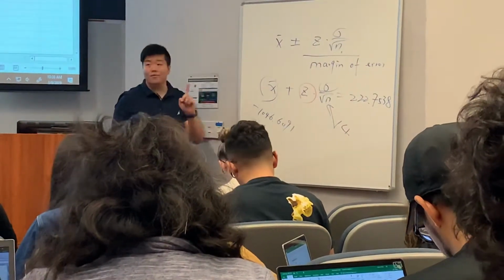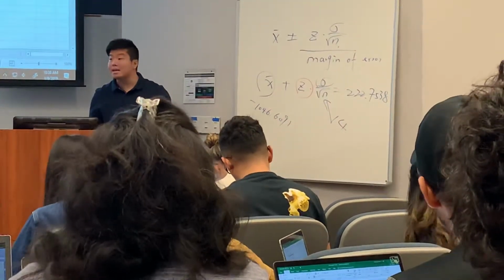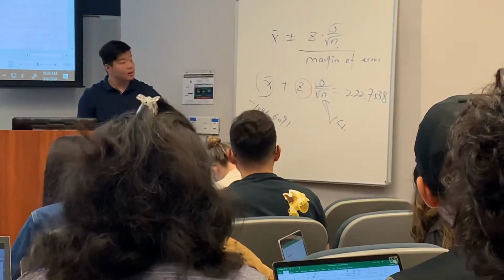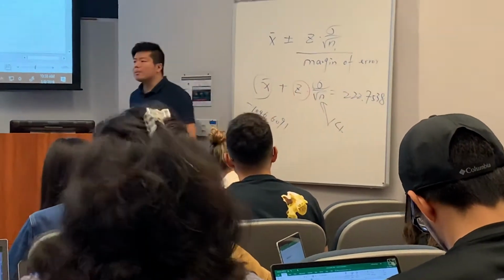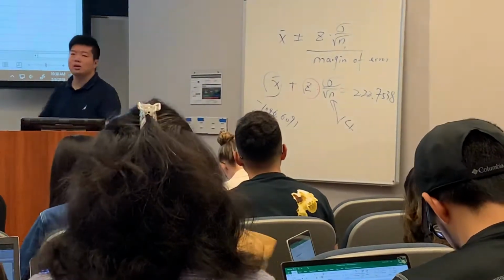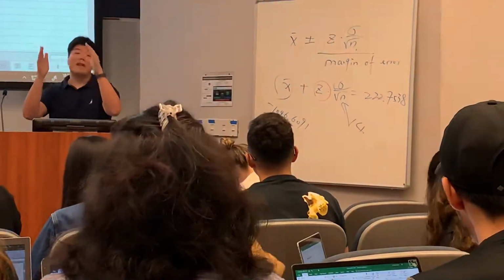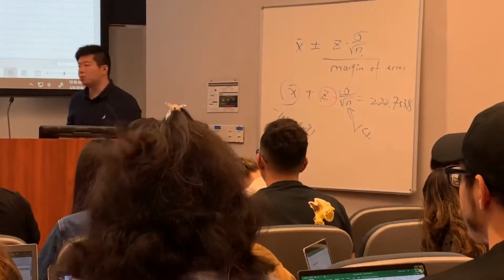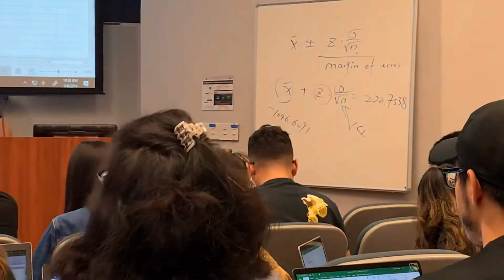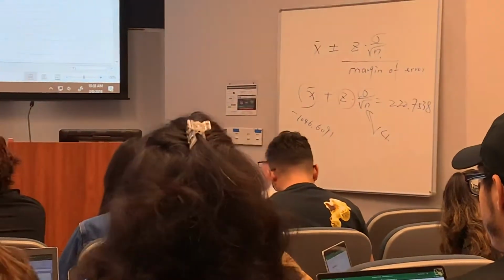If I can figure out what my z is and plug it in, I can solve this equation for sigma. Now, what is my z? For a 94% confidence interval, 94% in the middle.